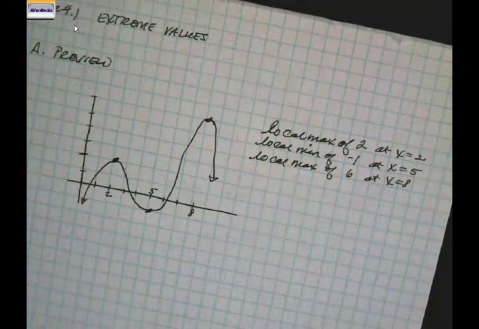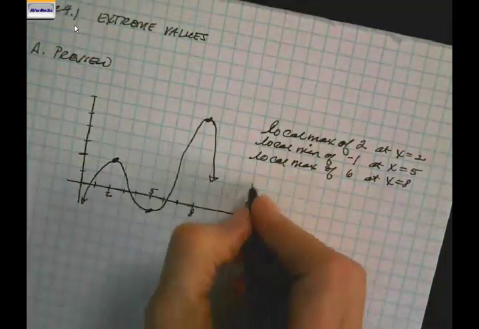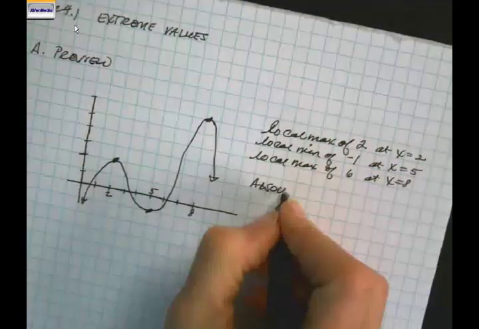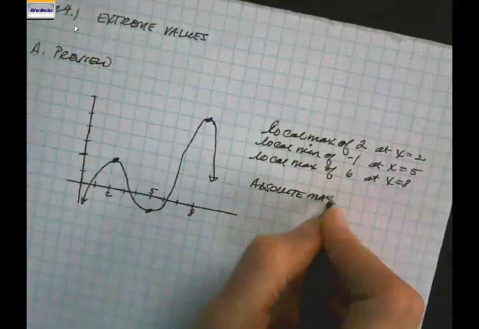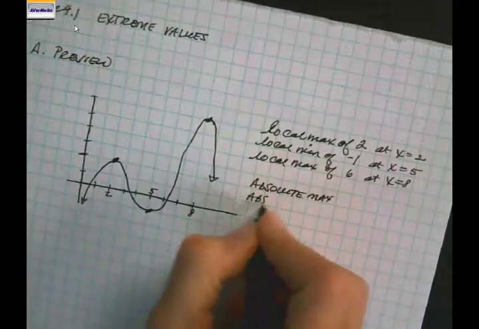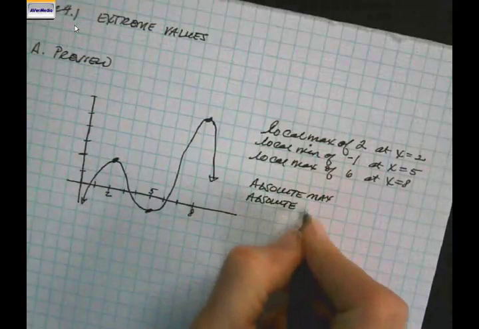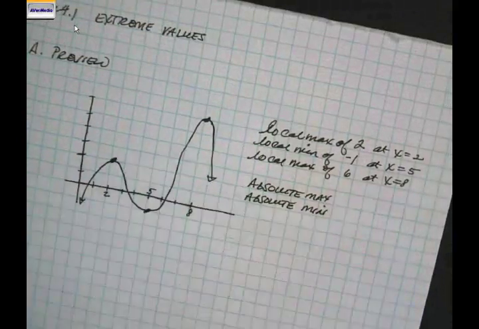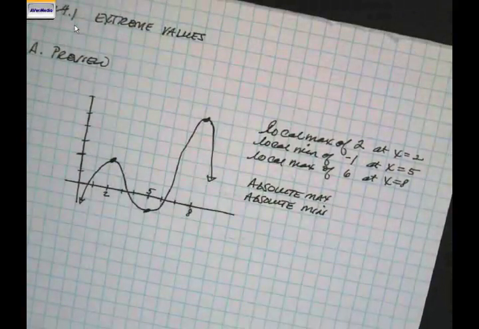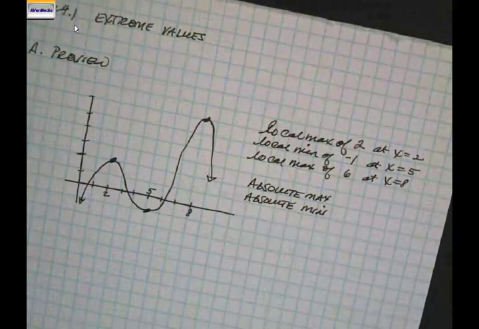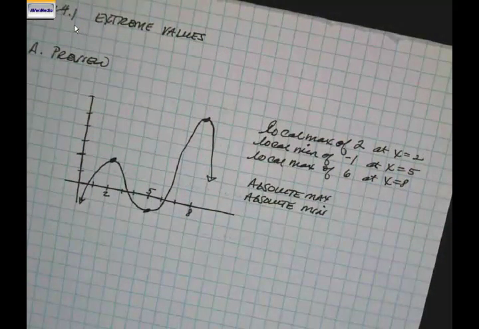Now we also have this thing called absolute max and absolute min, which means that's as high as the graph will ever get, or that is as low as the graph will ever get. So usually one of your local maxes or one of your local mins can also be the absolute value.